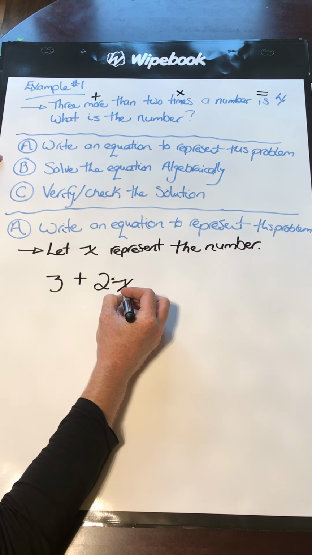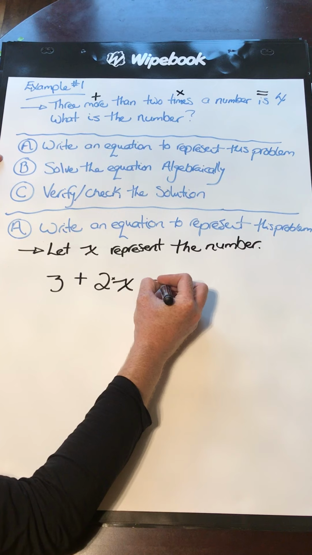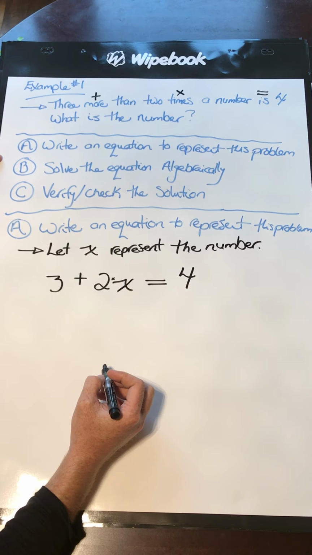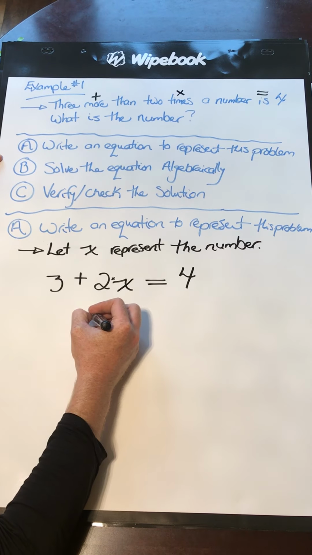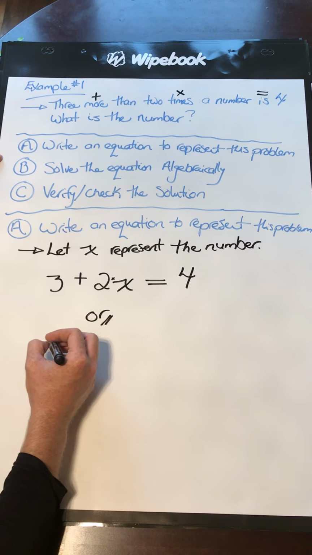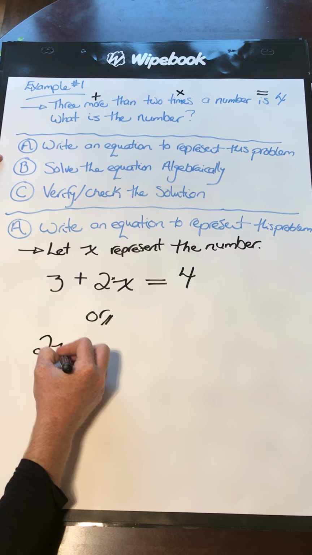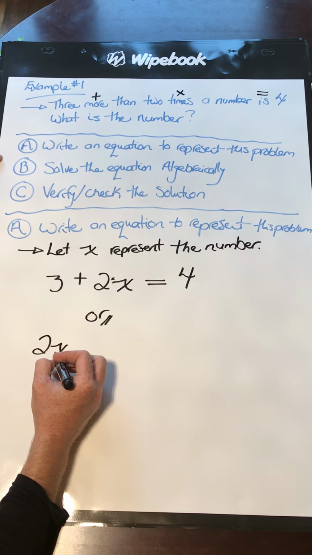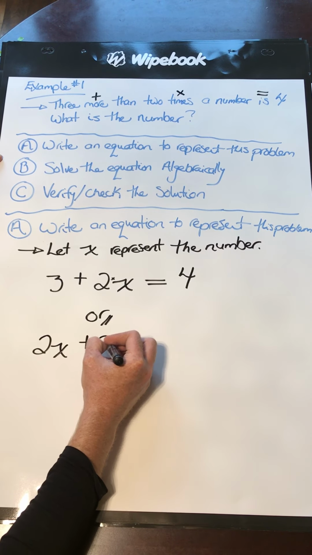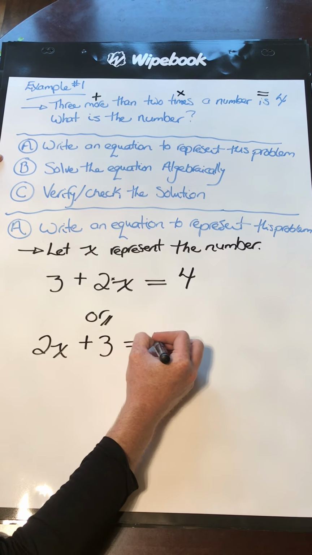So 2 times a number is equal to 4. Okay? Or you could have written it also as 2x, so 2 times a number, plus 3 is equal to 4.